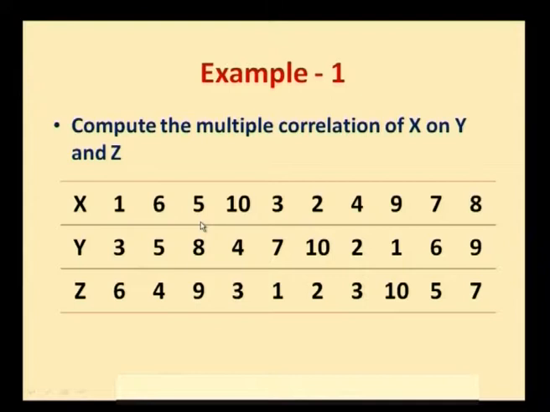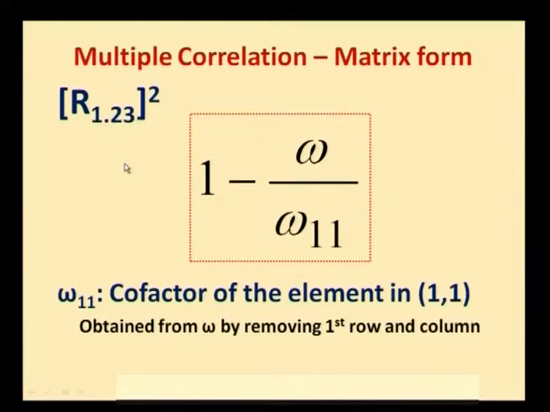Here I deliberately include the words: compute the multiple correlation of x on y and z. The way to read it requires caution: correlation of x on y and z. So, the joint effect we refer to is of y and z, the second and third variables, so I maintain the way the formulas were discussed just now.